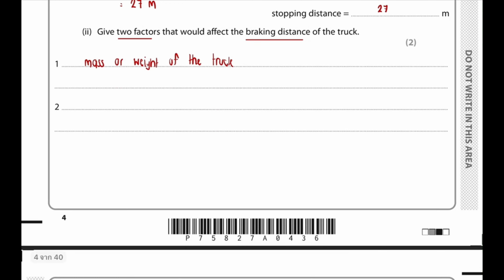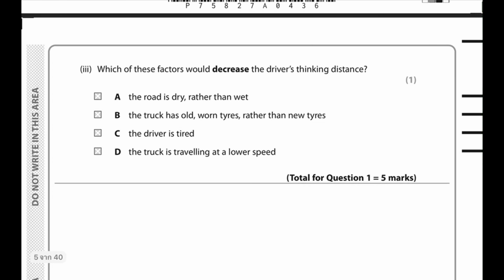And another one is the condition of tires. Then question B III. Which of these factors would decrease the driver's thinking distance? So this is option D. The truck is traveling at a lower speed.